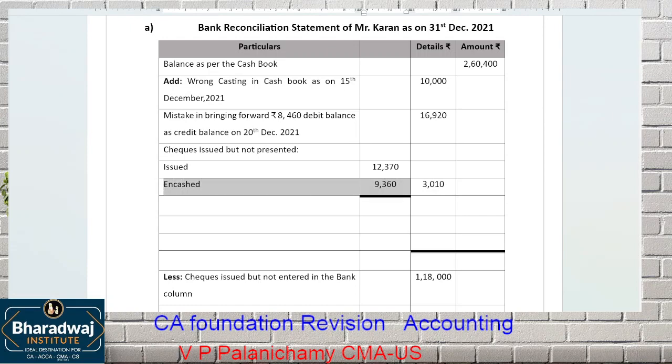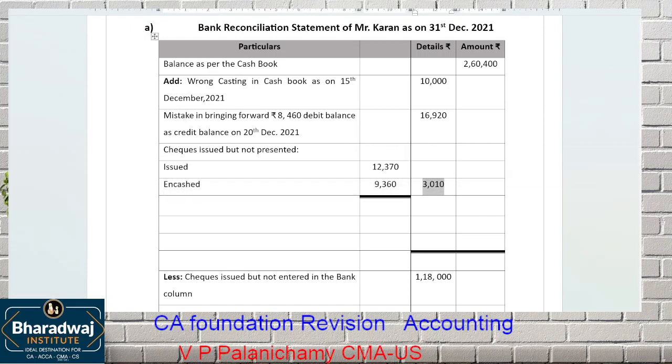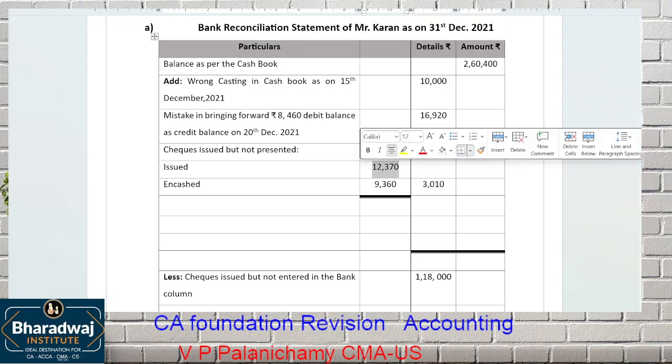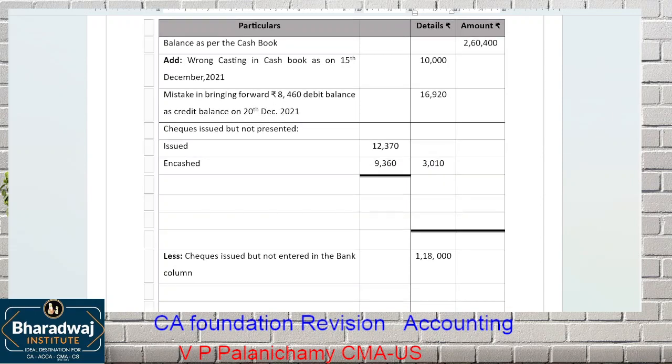How much is encashed? 9,360. 3,010 we deducted, but the bank has not deducted. Let us add back. We deducted 12,370 in the cash book, but the bank paid only 9,360. 3,010 we have deducted in the cash book but not in the passbook. So add it.